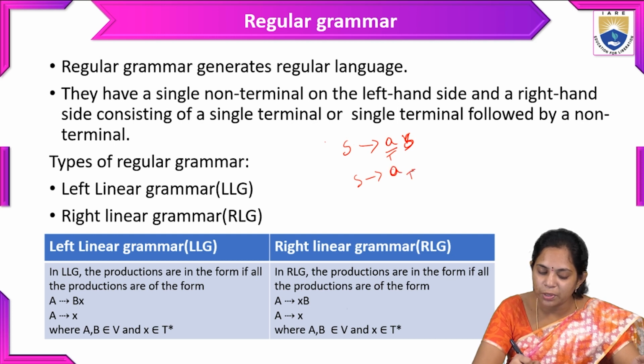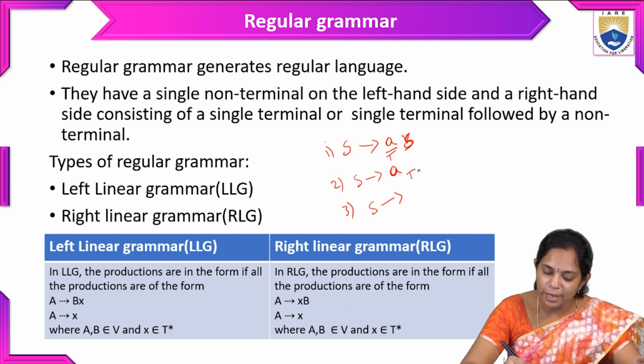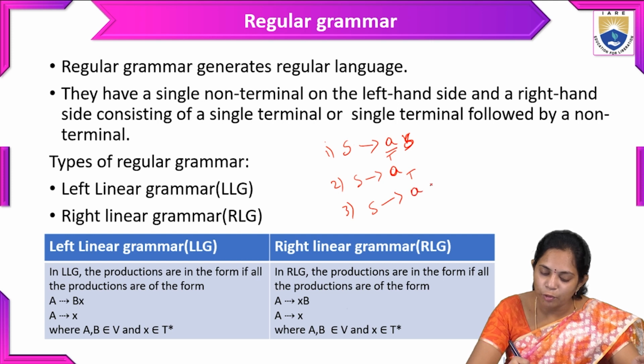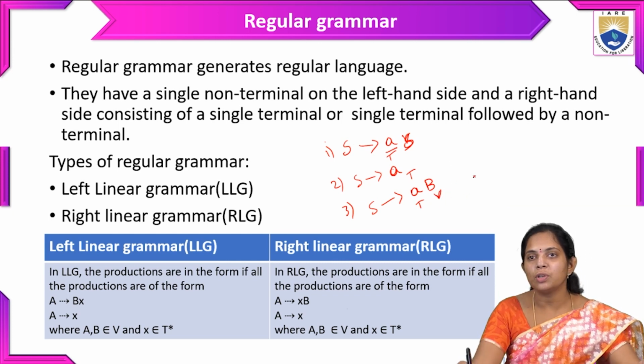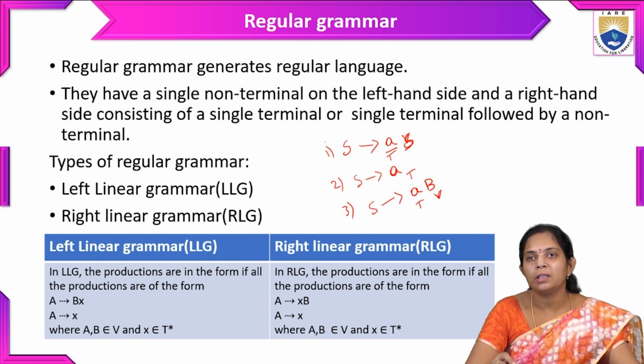So only a terminal, and a terminal followed by a non-terminal V. This is how we have to form production rules for the given regular grammar.